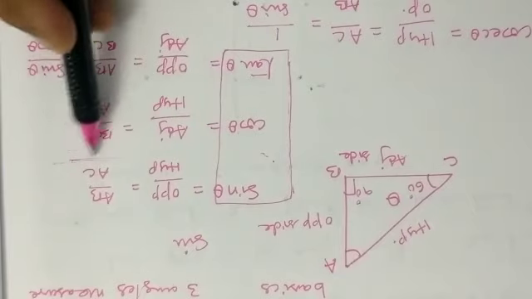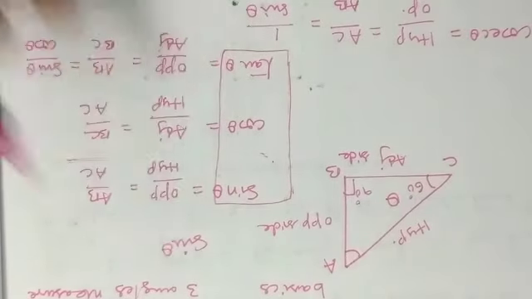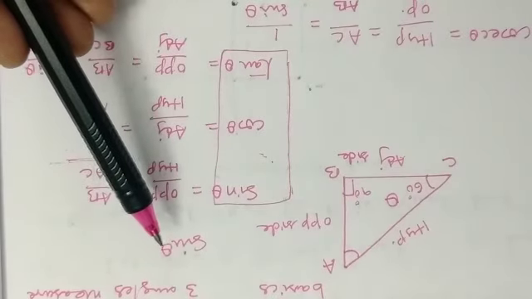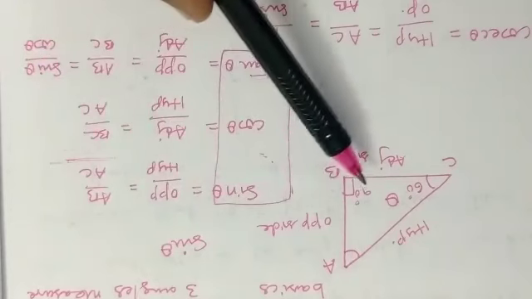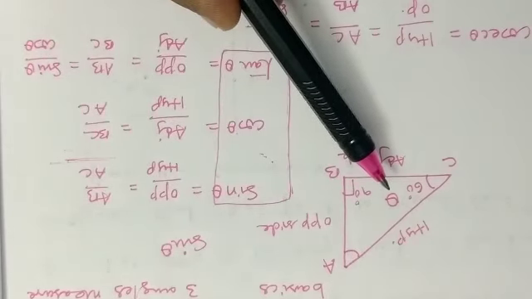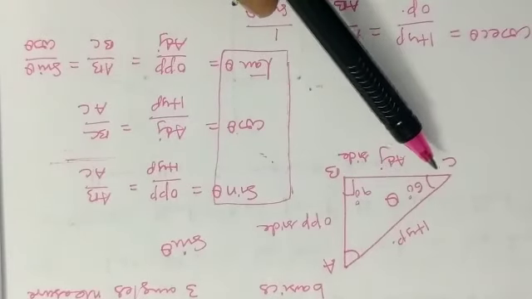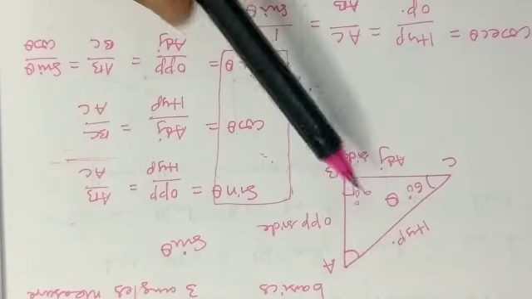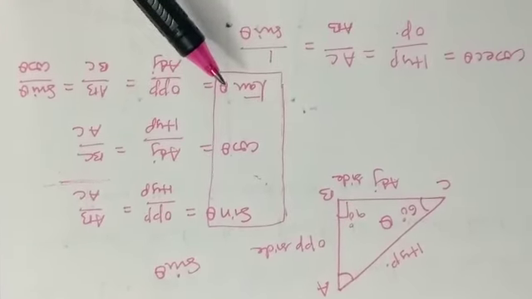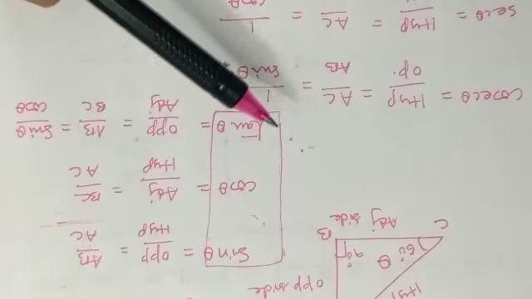So sin has no meaning, whereas sin theta has a meaning. What is that? Side opposite to theta upon the hypotenuse. So all the six trigonometric ratios without theta have no meaning.